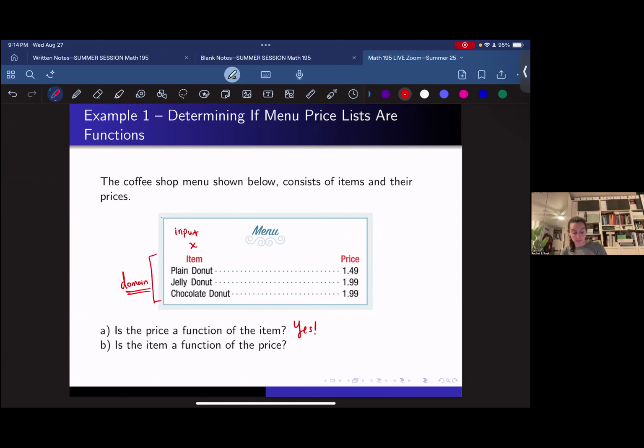And it represents your independent variable. So they don't rely on anything, whereas the price does. The price depends on the independent. It's our dependent variable. It's our output, our y variable.